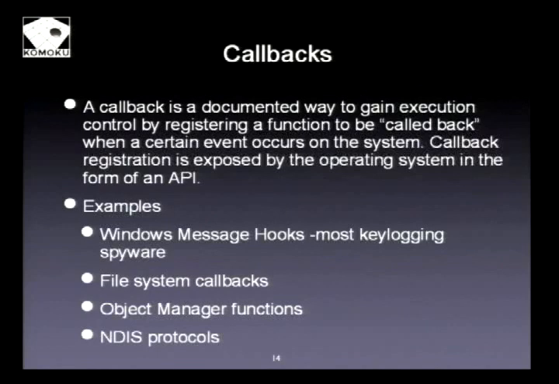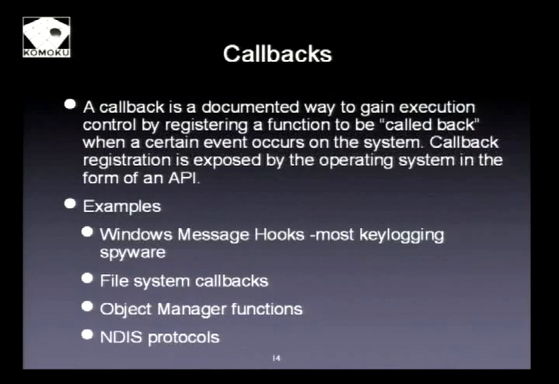There's object manager function callbacks. We won't go into too much detail about those. They're pretty low level, and they're not actually exposed through a nice API to you. In this protocol are more or less function callbacks where you can say, hey, I have my own protocol that's going to talk on the network, and therefore when a receive happens, I need to get called back when that transpires.